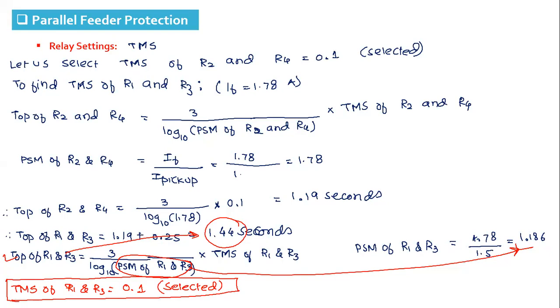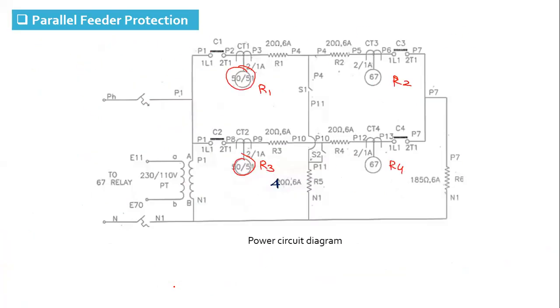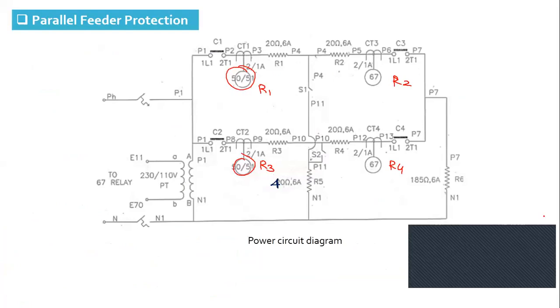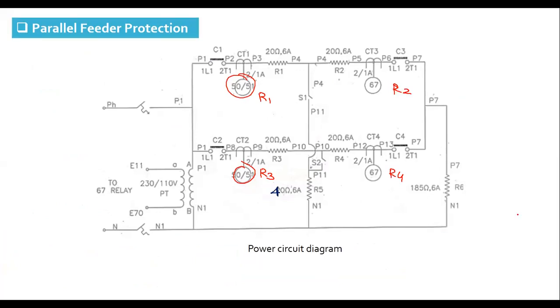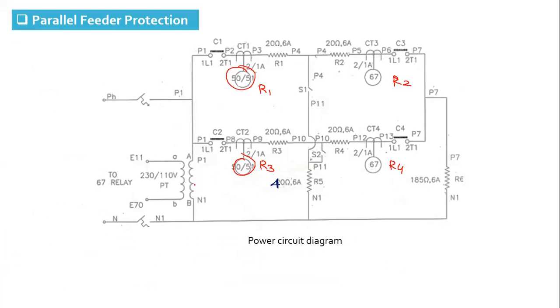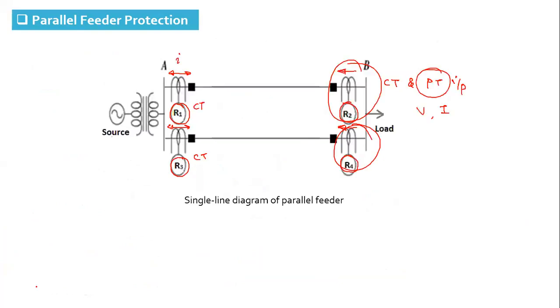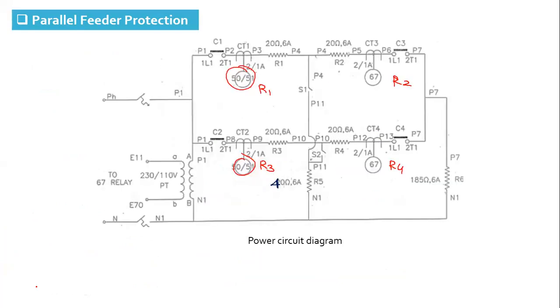Now in this experiment, what we are going to do, let me tell you. So the settings we have done. What we are going to do here is that in this experiment, first, here in this diagram, let me show you.